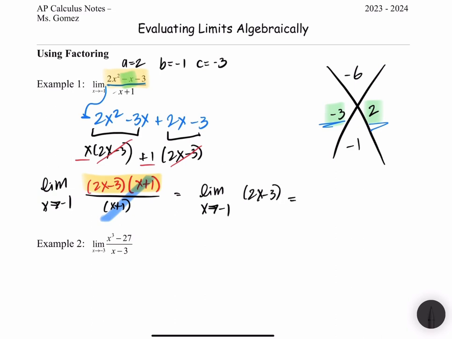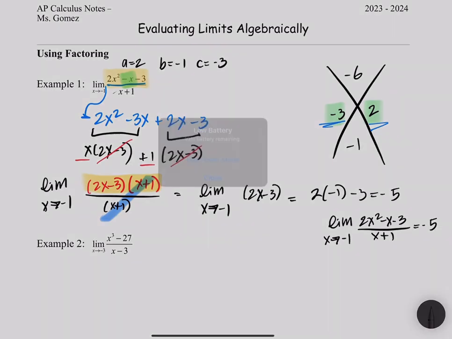And I can try to do direct substitution now. So I'm going to say 2 times the -1 minus 3 gives me -5. So I know that the limit of the entire function prior to factoring or after factoring, because those are equivalent expressions, is equal to -5.